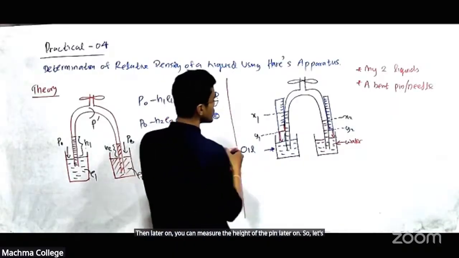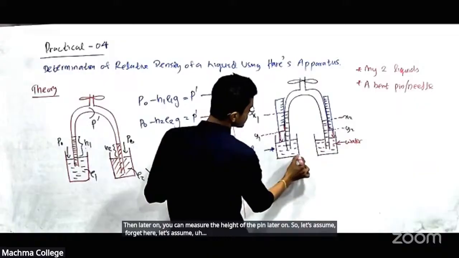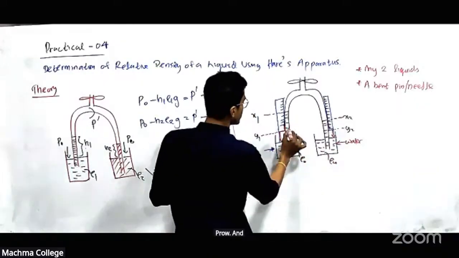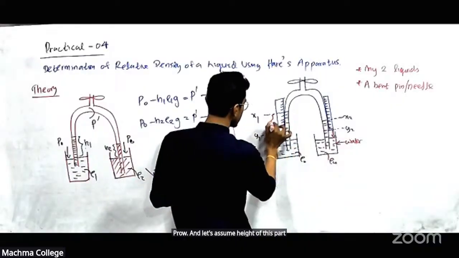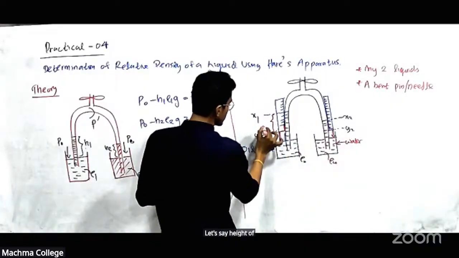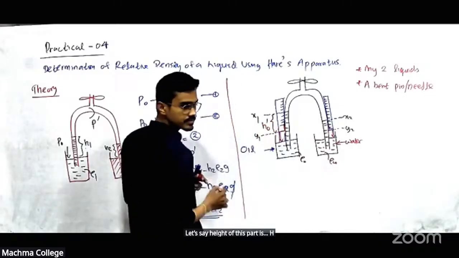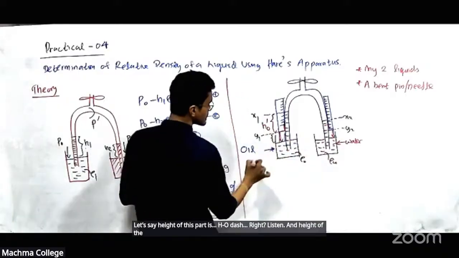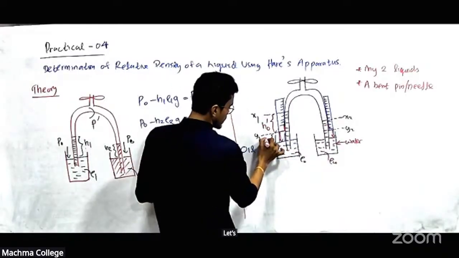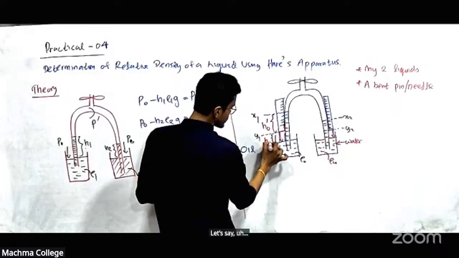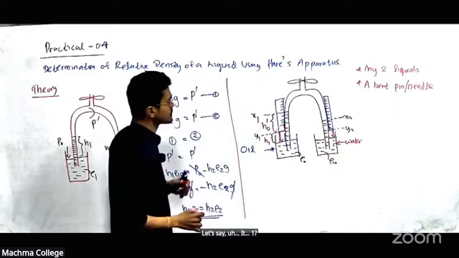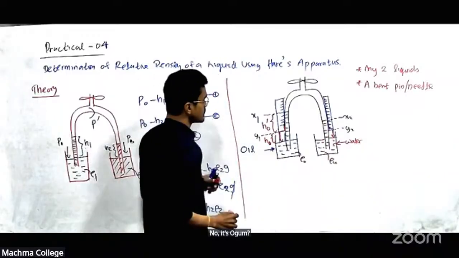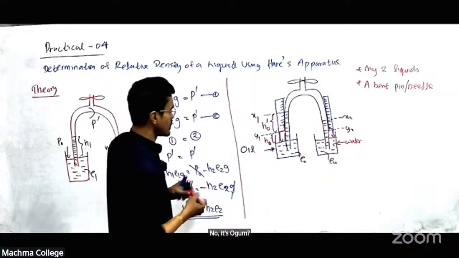So let's assume rho O, rho W. Let's say the height of this part is HO dash, and the height of the pin here is HO.